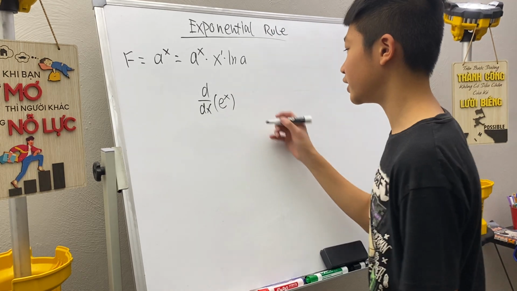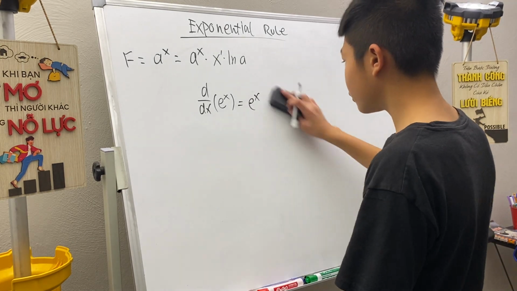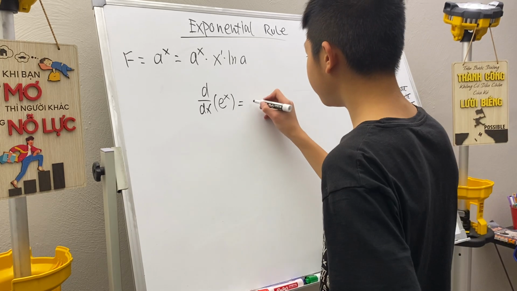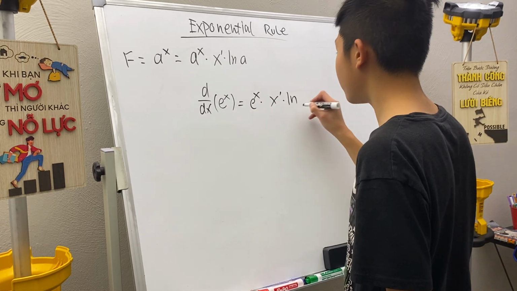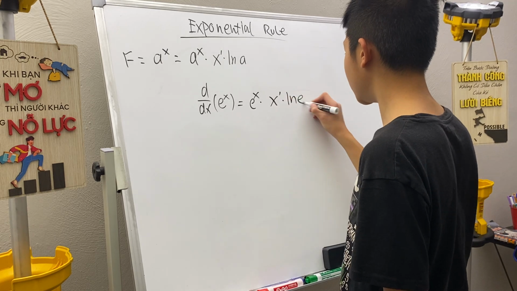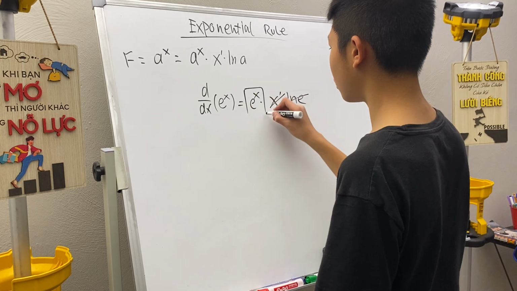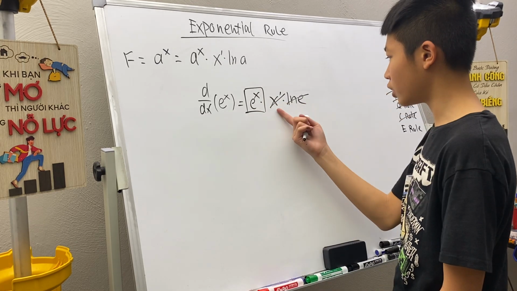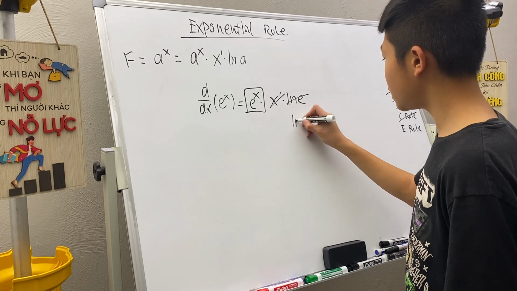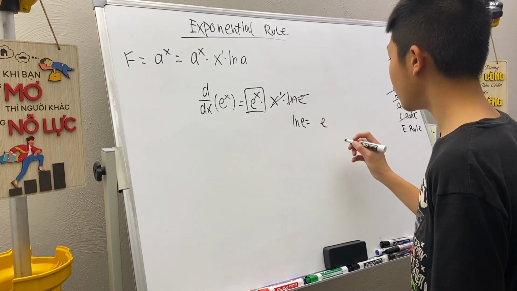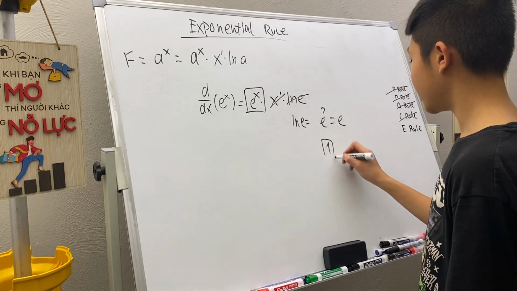It's actually equal to e to the x, and here's why. Keep it, multiply by the x derivative times natural log of a, the base, which is e. This cancels, this cancels. This is 1, this is 1. If you don't know what this means, it's e to the what power equals e? 1, duh. So that's equal to 1.